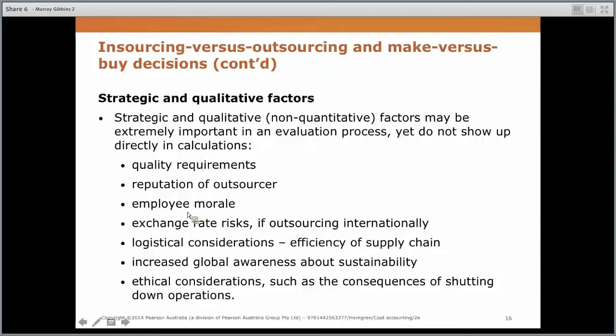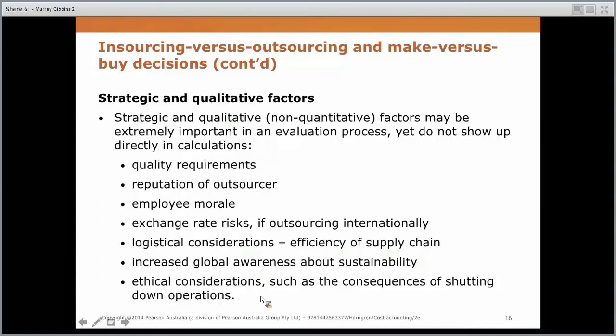So all these sorts of considerations apply when you're deciding whether you should outsource either your component parts or whatever. We've talked about employee morale, the reputation of the supplier, and any other things. If you're buying from overseas, what's the supply route like? What about the exchange rate? And what about the international economy?